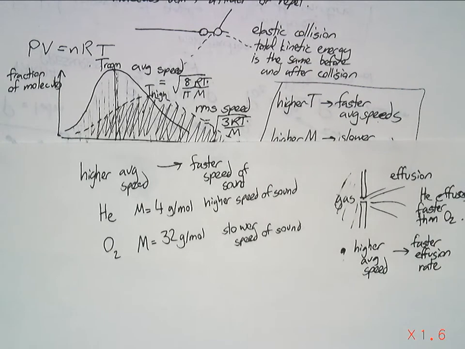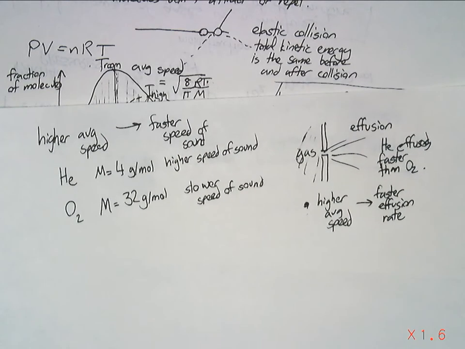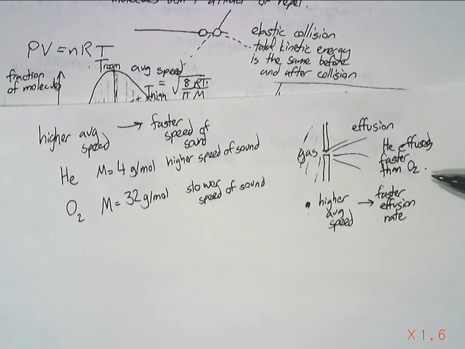All you got to do is look at the molar mass. If both of these gases are at the same temperature, the one with the lower molar mass will have a higher average speed and a faster effusion rate. Who cares? Well, this again is something that changed the world. This gives you a way to separate two gases.